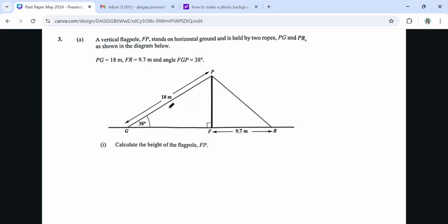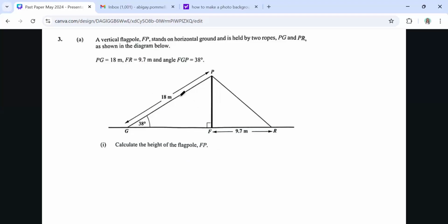As you can see right here, it's a bunch of triangles. We need to find the height of the FP. FP is right here. This looks like a right angle triangle, so we're going to use trigonometry.